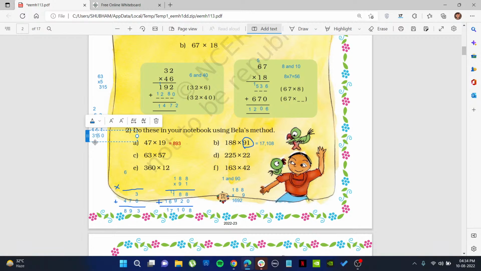Let's put them in a proper alignment first. Okay, so we need to add 441 with this 3150.